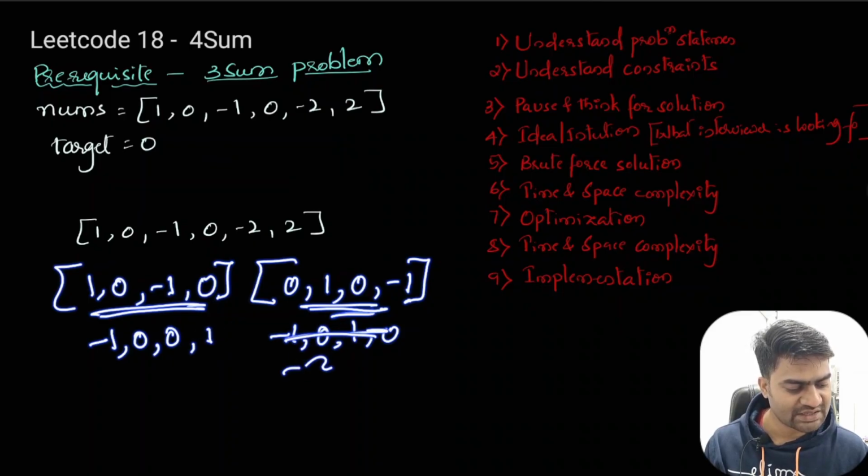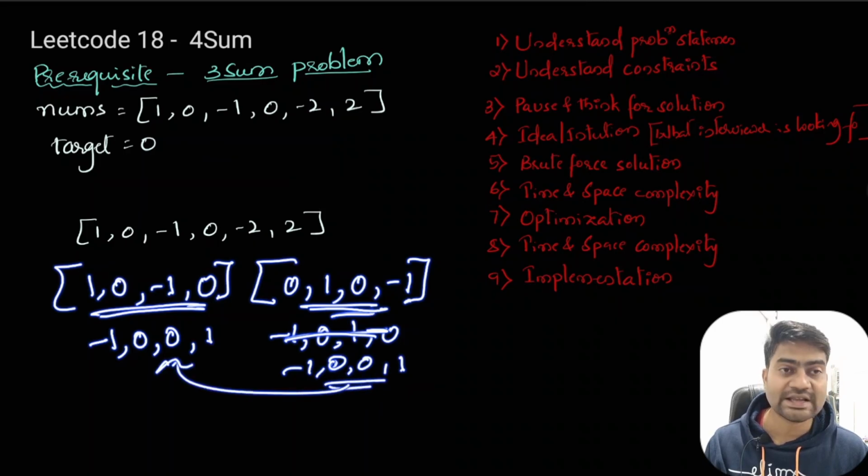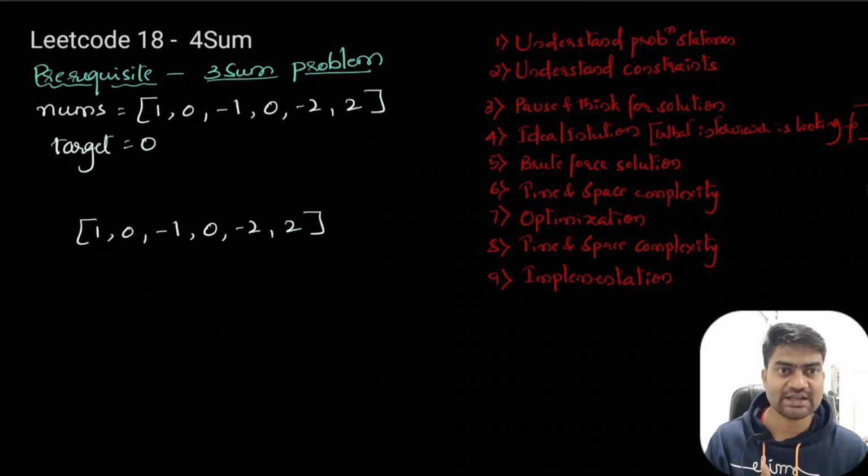This will also be minus 1, 0, 0, and 1. So if you see, both are the same. So what I'm trying to say is, if you sort the quadruplets, they should not be the same. If such multiple quadruplets exist, then you need to ignore the duplicate ones.